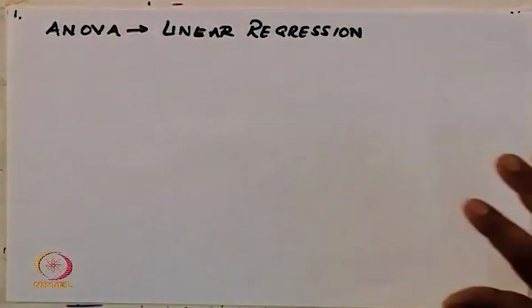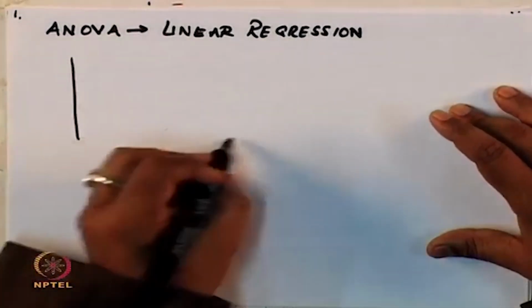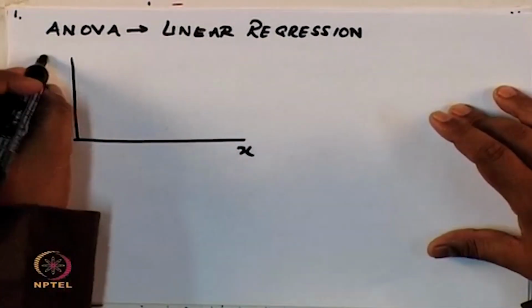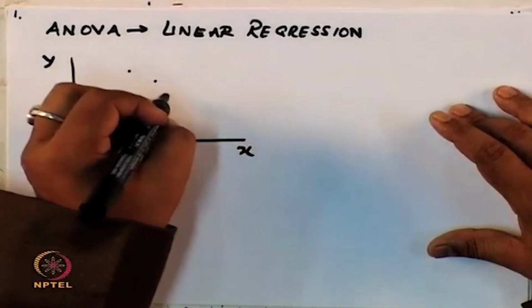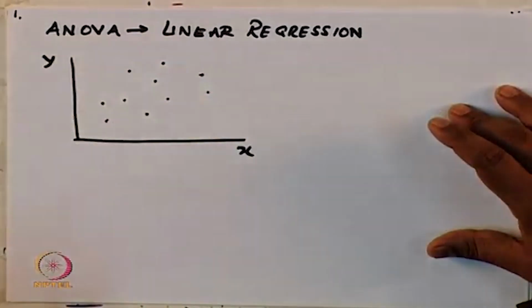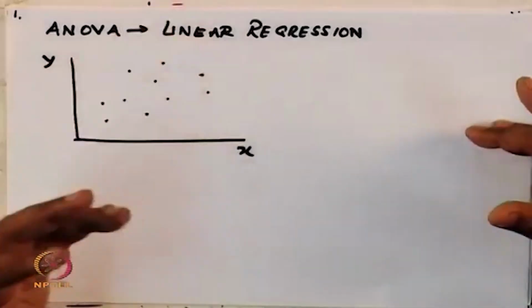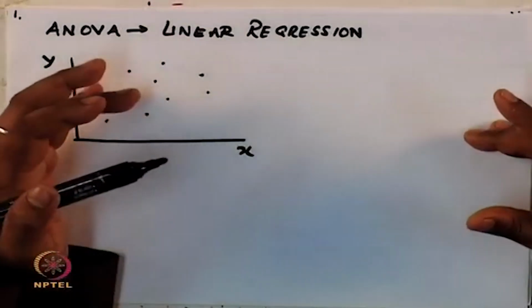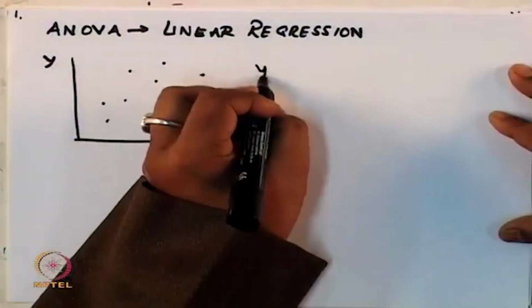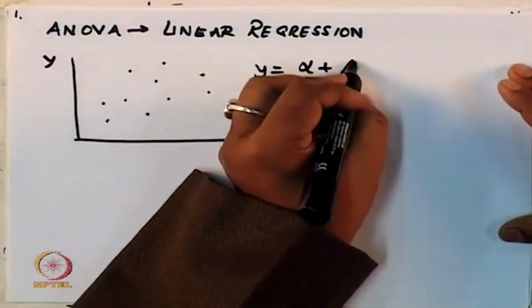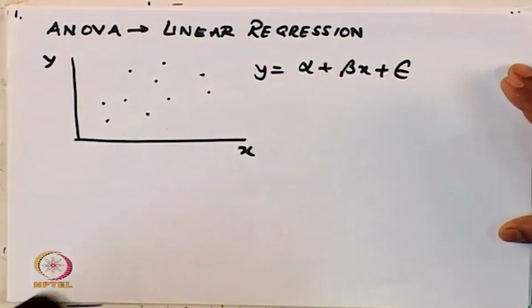So, what is linear regression? You have data, and you wish to test whether there is a linear relationship between x and y, and you want to find out the expression of a line which best approximates that data. This data can be roughly written as alpha plus beta x plus some random error epsilon.